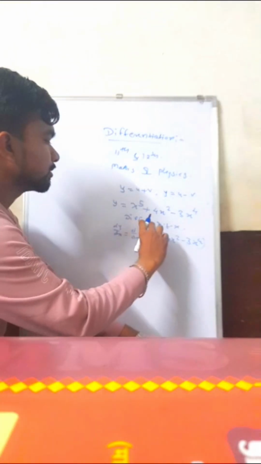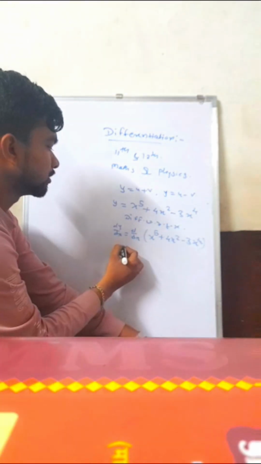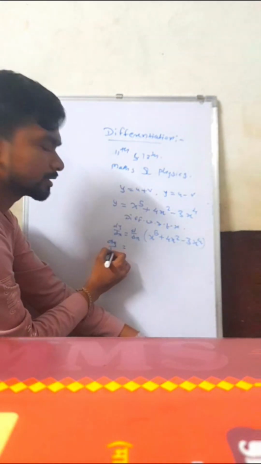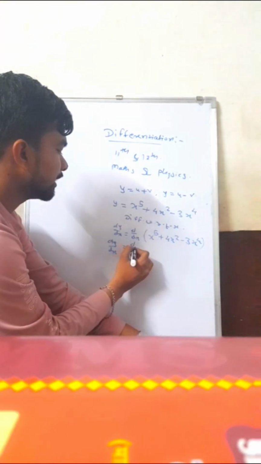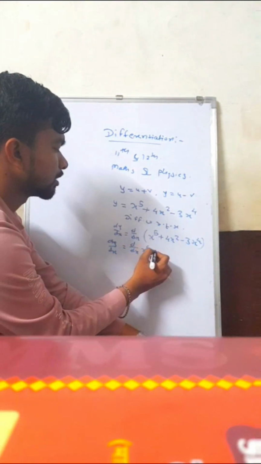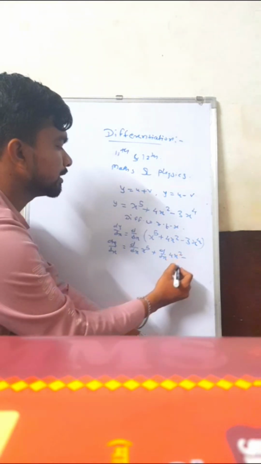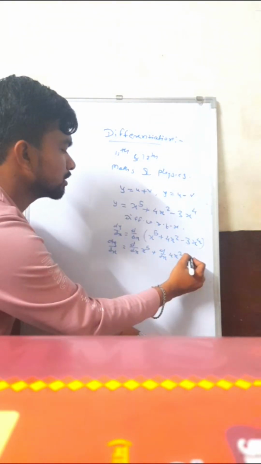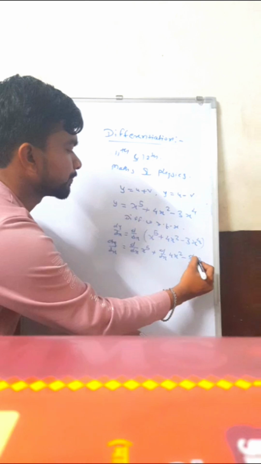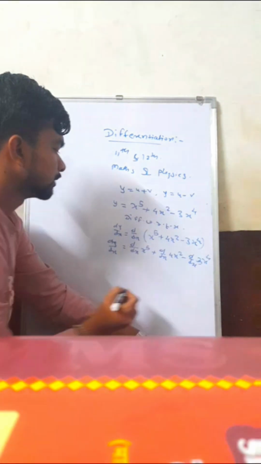This d by dx is applied to each term: dy by dx is equal to d by dx of x raised to 5 plus d by dx of 4x square minus d by dx of 3x raised to 4, where 3 is a constant.